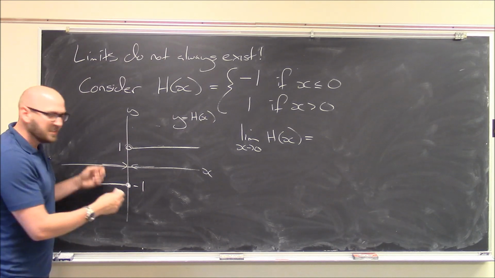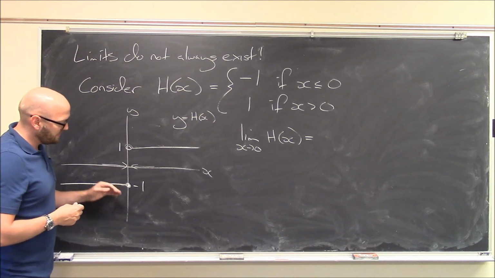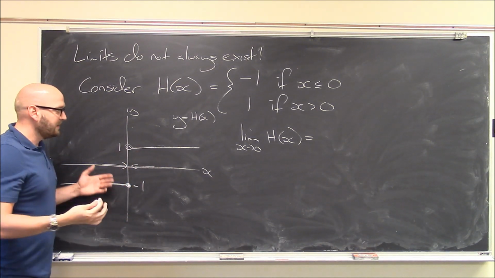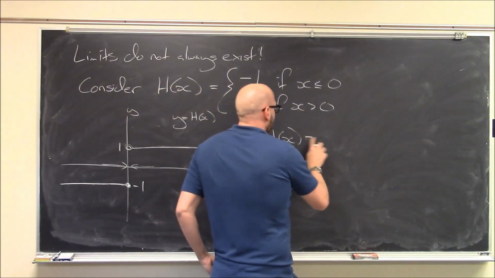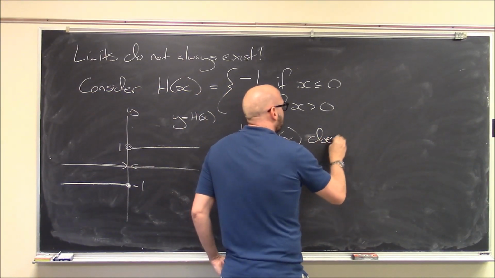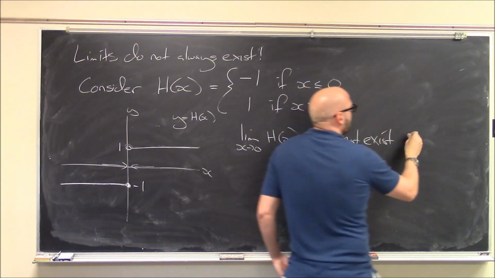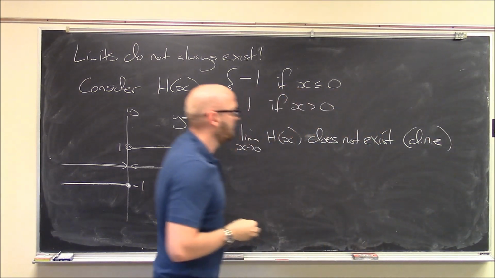Right? So there is actually no single fixed value that the function approaches. From the left it approaches minus 1, from the right it approaches positive 1. In this case, you have to conclude that the limit doesn't exist. Right? So this guy does not exist. Forevermore, if a limit doesn't exist, I'll just write DNE, shorthand for this.